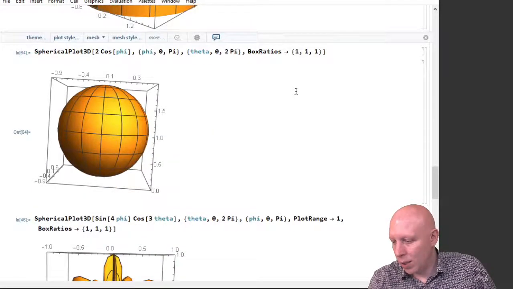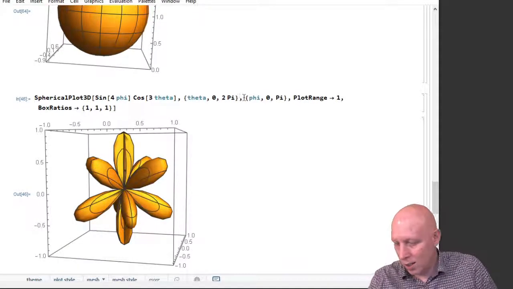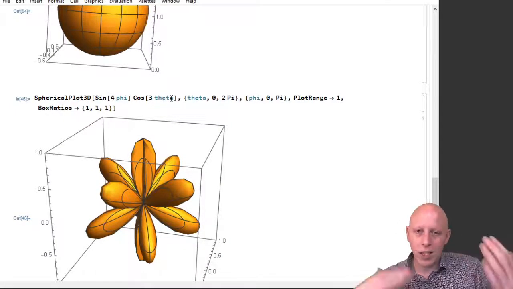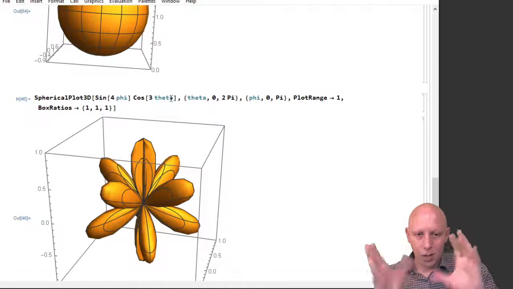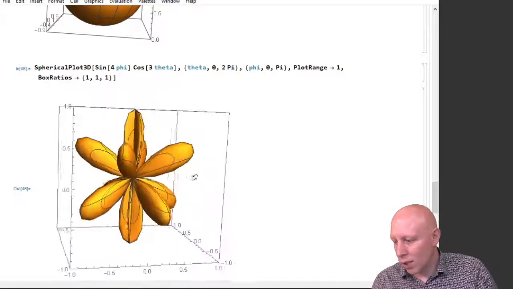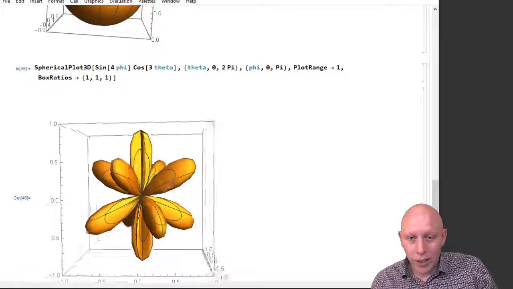As an example here, I came up with one more thing, and this one's interesting. We look at sine of 4 phi cosine of 3 theta, so that's some sort of oscillating thing. If you plug those in, you get this interesting multi-lobed snowflake.